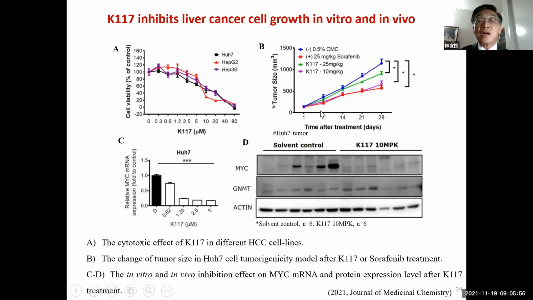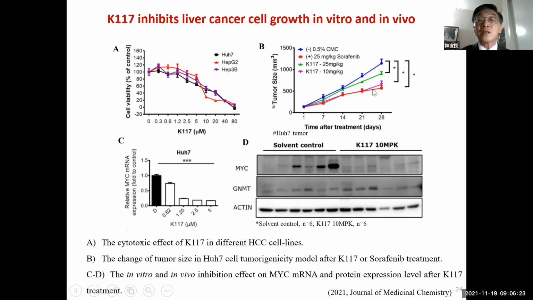In the xenograft data, we also used two dosages, 25 milligrams per kilogram body weight or 10 milligrams per kilogram body weight. And we used sorafenib, which is the targeted therapy drug of choice for late stage, terminal stage liver cancer patients.